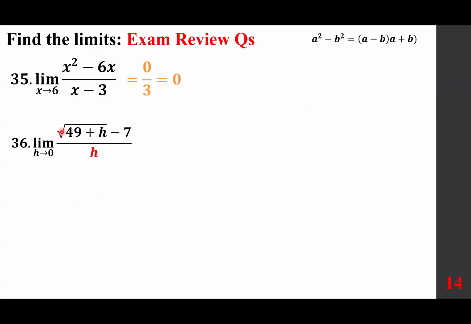The limit of the square root of 49 plus h minus 7 over h as h approaches 0. If we plug in, we get 0 over 0.